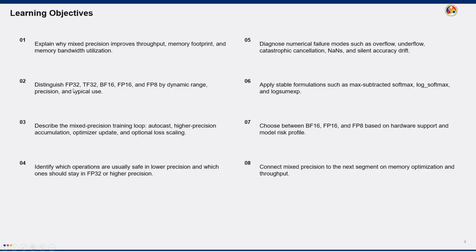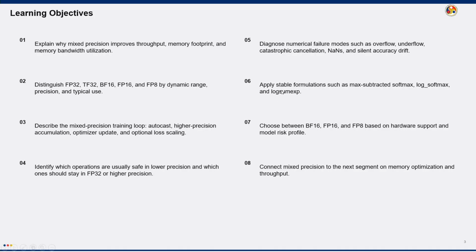Since we have looked at the distinction between data types such as FP32, TF32, brain float 16, floating point 16 and other precisions, and how their dynamic ranges differ, we will revisit that and see what makes computation unstable in these large language models and how to fix that.